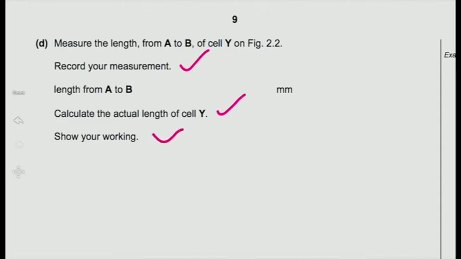Let us say we measure the AB length. They want us here to calculate the actual length. We're to measure AB, then calculate the actual length, not the length that we shall have measured there. We'll calculate the actual length. Let's go back to that slide.